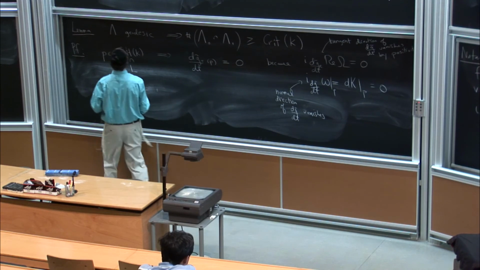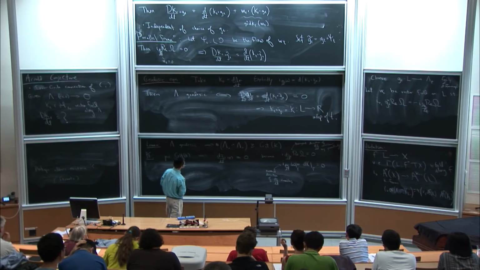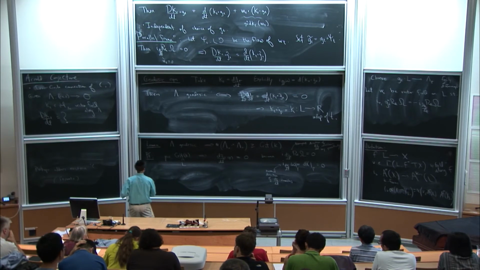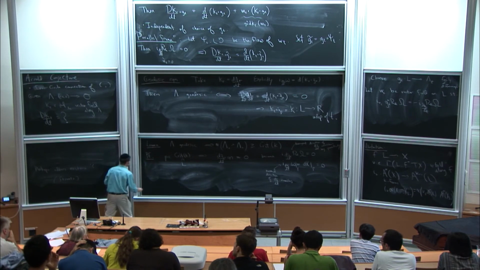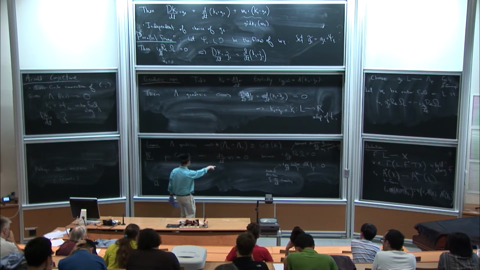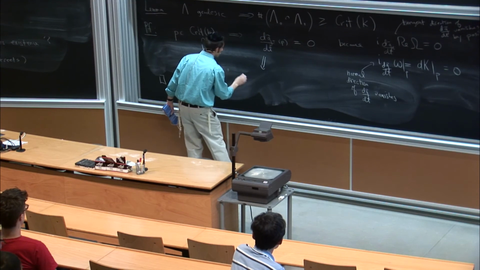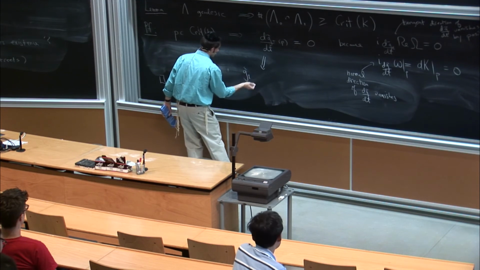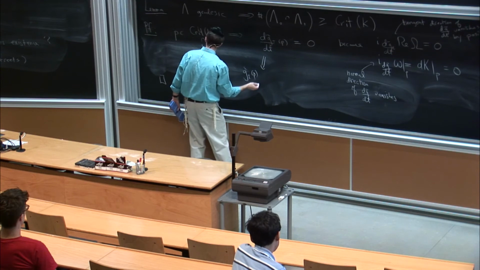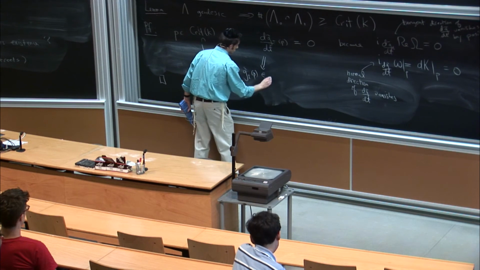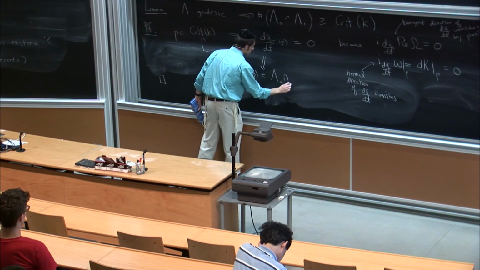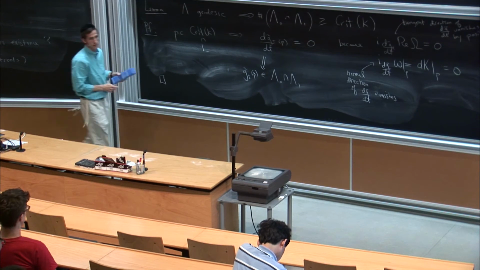Okay. So as soon as you see that this thing is constant, that means that g_t of p belongs to the intersection of lambda_0 and lambda_1.